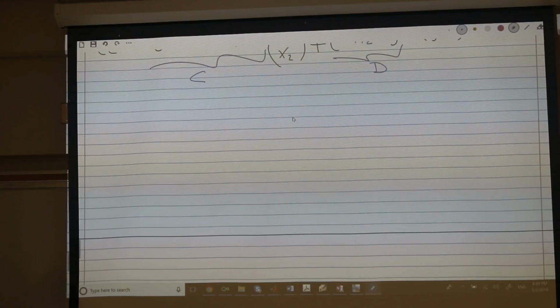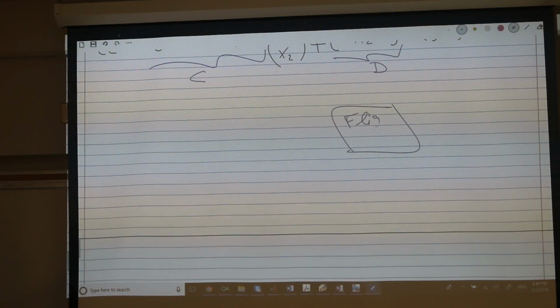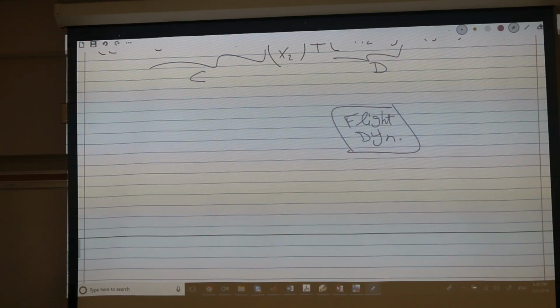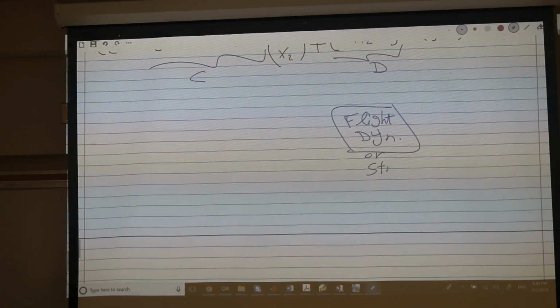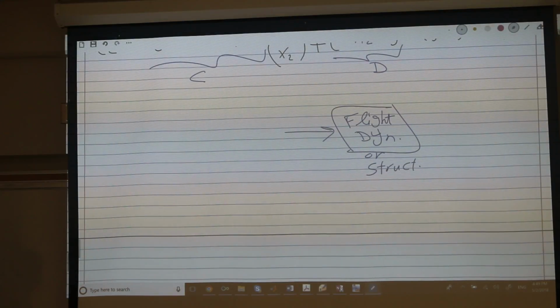Plus, it's very convenient if you have your flight dynamics model or structural dynamics. What's the input to your flight dynamics? And what's the output? For any dynamics problem, the inputs are the forces, right? Forces, so lift and moment, in our example. And the output is the motion. For any dynamics problem, this is the thing, right?